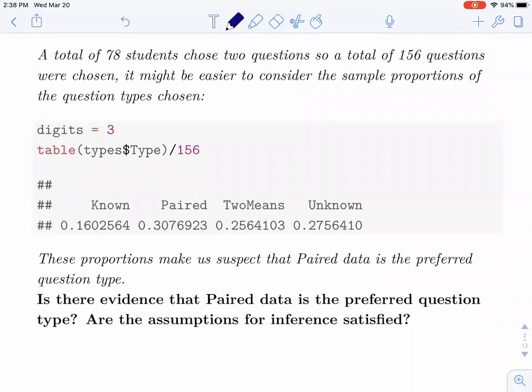So what we can do is calculate the sample proportions of each of these groups. And so sigma known was the least favorite, or at least that's what I'm judging by, which questions you picked. And actually the matched pairs and the two sample means were pretty good.